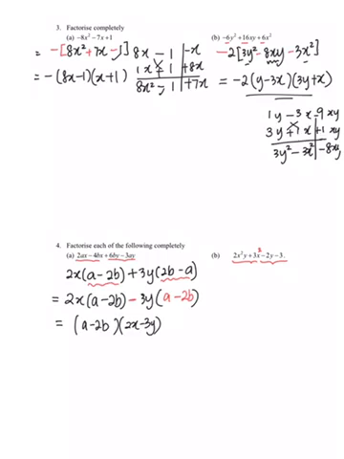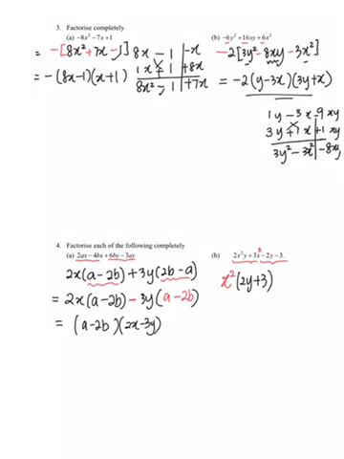Now let's continue. So if this is the question, 2x squared y plus 3x squared minus 2y minus 3, I will factorize out the common factor x squared first, and then I'll get a 2y plus 3.